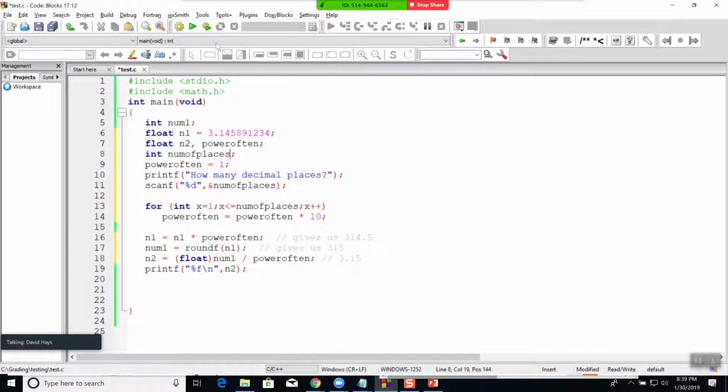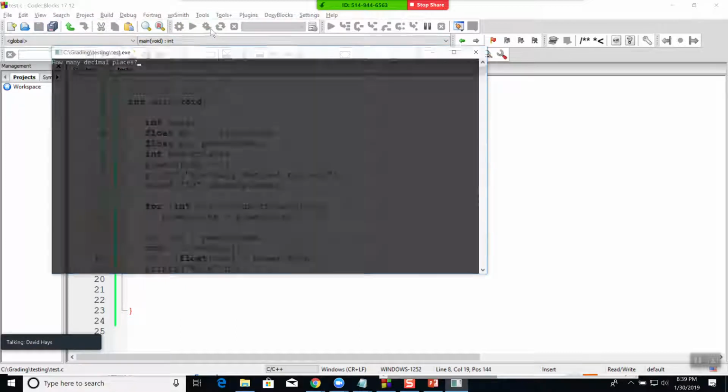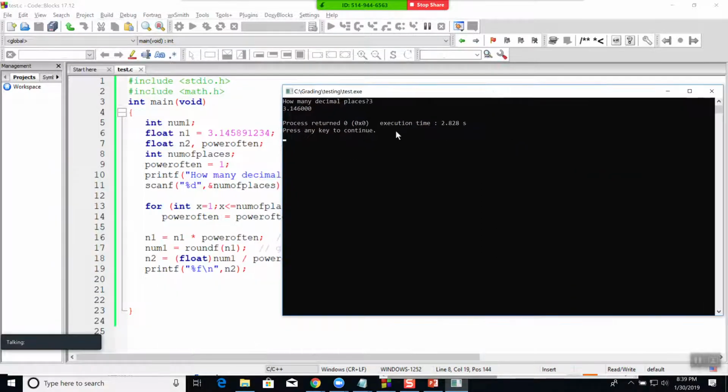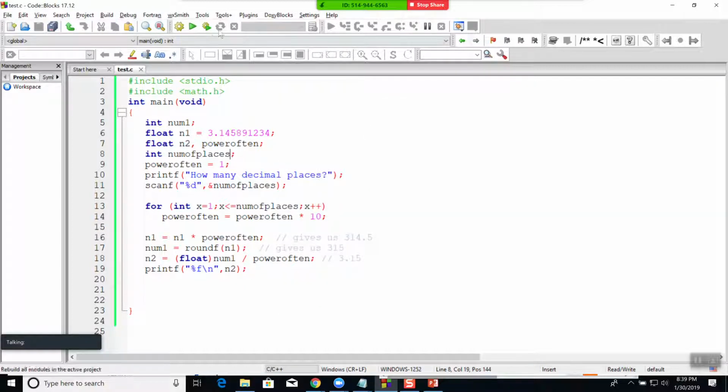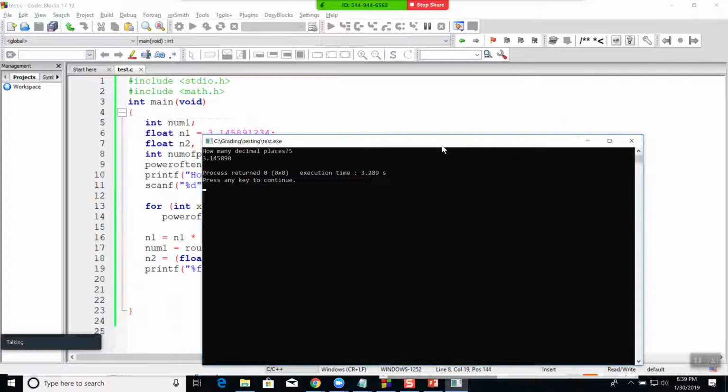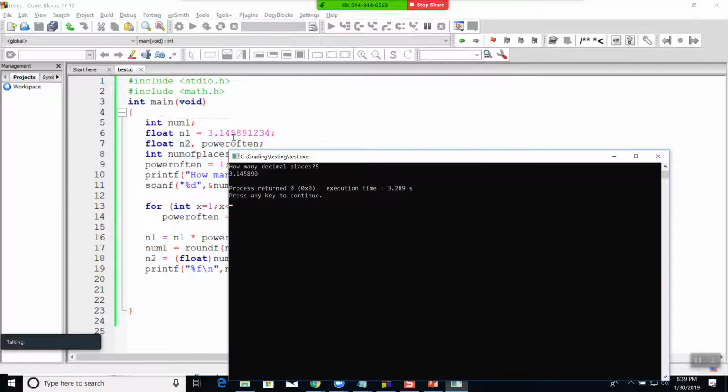So if I ran this now, if I said 3 decimal places, 3.146. If I ran this and said 5 decimal places, 1, 2, 3, 4, 5, so 1.14589, and so it works.